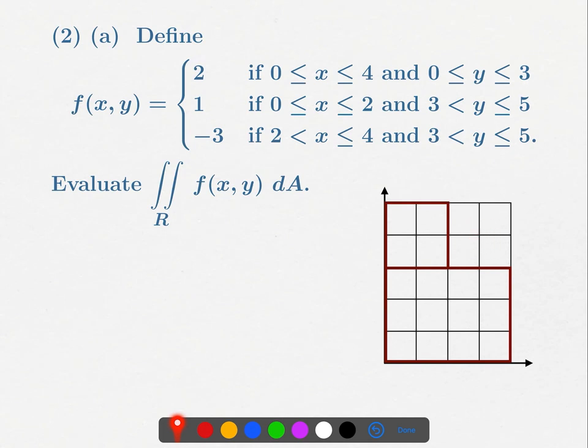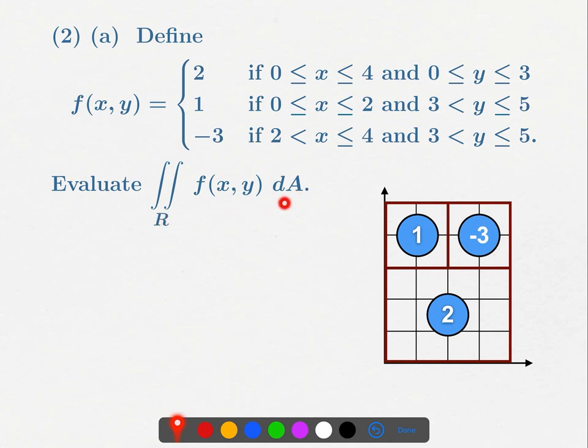And then this last part where x is between 2 and 4 and y is between 3 and 5, we have f defined as minus 3. So I'm going to go ahead and indicate this by putting a circle in here. 2 is the value of f in this rectangle. 1 is the value of f in this 2 by 2 square up here, and minus 3 is the value of f in this 2 by 2 square.